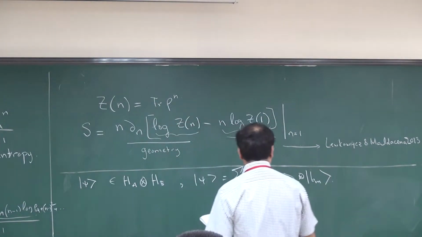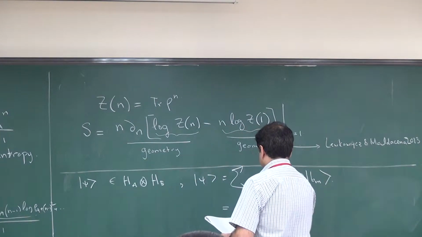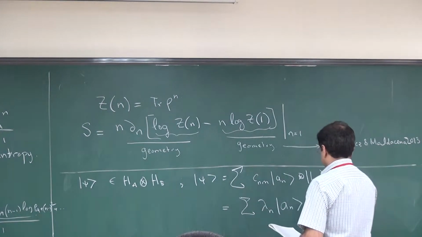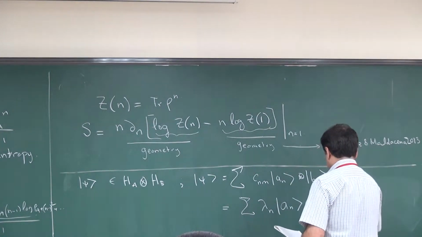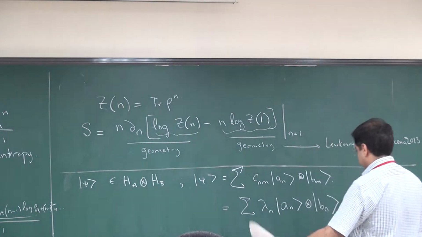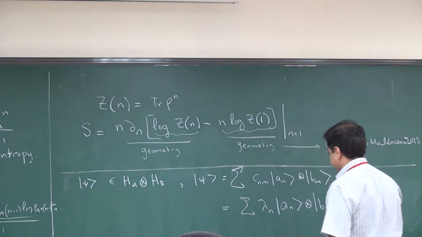The Schmidt decomposition tells us that this can be rewritten as the summation of lambda_n A_n tensor product B_n. So in a sense, you've diagonalized your C_nm, and you're left with just lambda_n's.